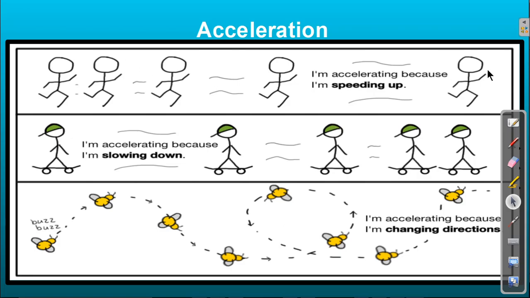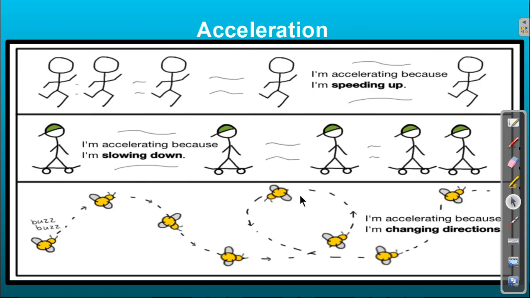Well, you can speed up. If you speed up, you change the velocity, you have acceleration. Velocity can slow down. The car can be slowing down. That changes the velocity. That means you have acceleration. It's deceleration, which means the acceleration is for slowing, but it's still acceleration.